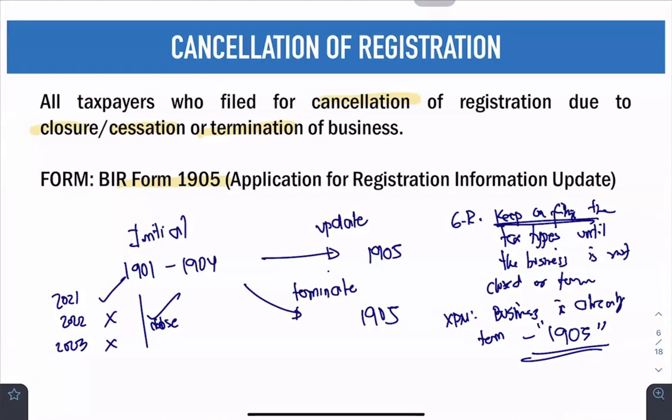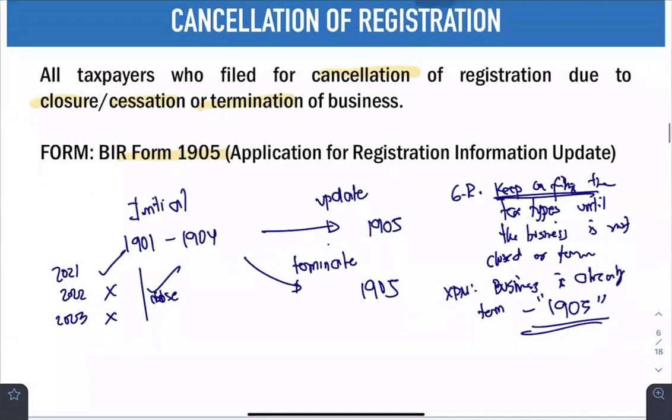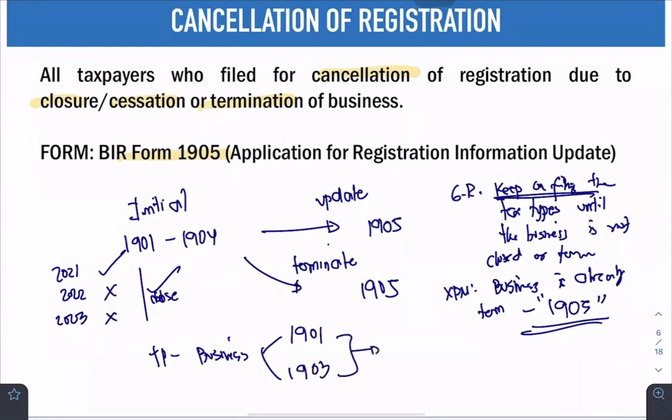I hope you are clear regarding the effect of registering a business. Okay, so we have here a taxpayer. A taxpayer is a business. What again are the forms? We have here 1901 and 1903. And in 1901 and 1903, there is a certificate of registration 2303, which gives you your different tax types.